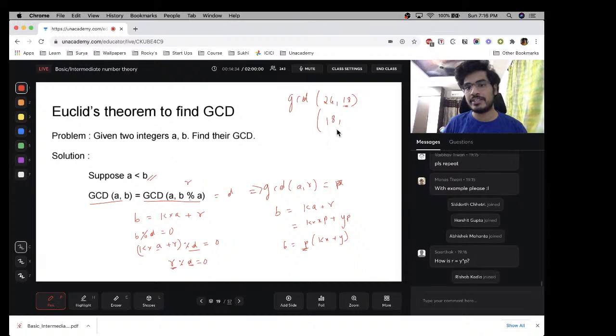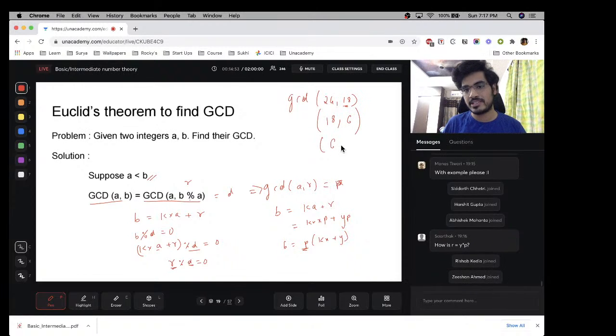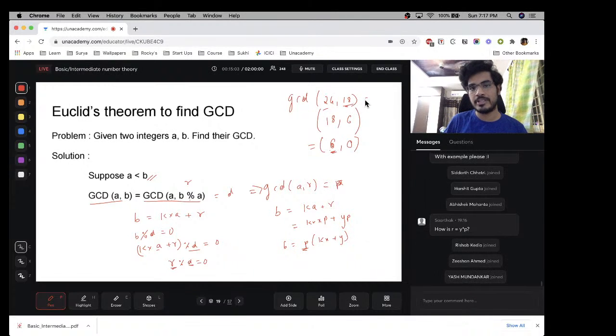We recursively find GCD of 18 comma 24 mod 18, which is 6. Again we swap a and b as a is less than b. This will be 6 comma 18 mod 6, which is 0. So the GCD of 6 comma 0 is 6, so GCD of 24 comma 18 will be 6.